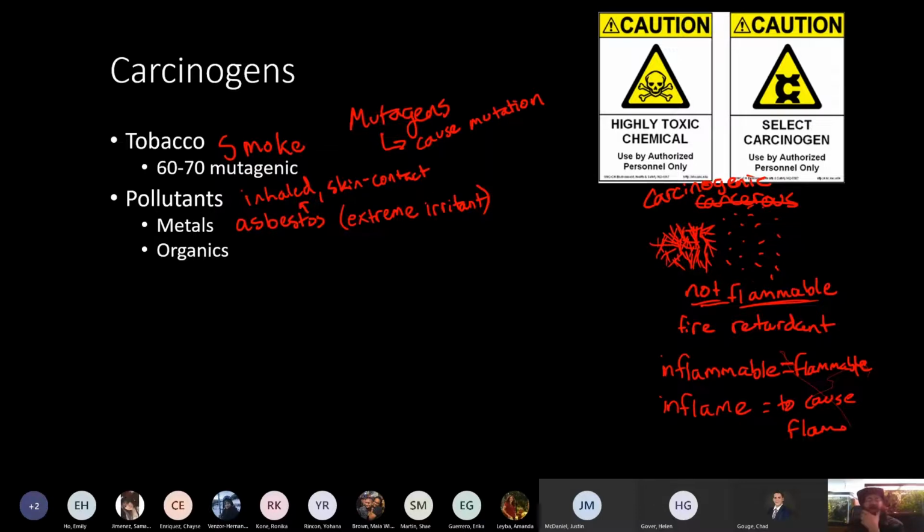There are a bunch of organic pollutants that can be dangerous if you inhale them or get skin contact. Things like industrial or agricultural chemicals, generally chemicals called benzenes, or chemicals based on benzenes, are very dangerous. You have to follow the safety instructions very closely.